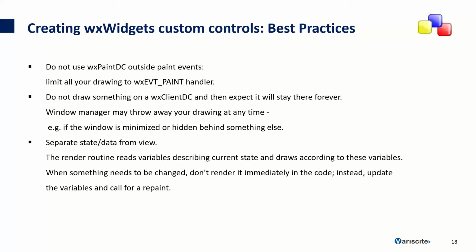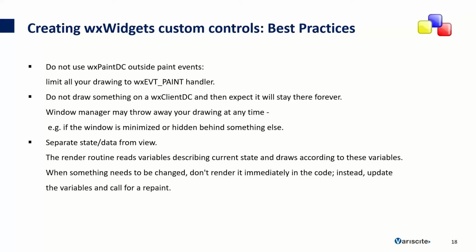The third point is always keep separated the data and the state. What I mean, the rendering routine must read values and render the screen accordingly. But the way you update the values must be something independent. Basically, what I'm saying is that there is a kind of state machine that takes care of the graphics, and the backend that is taking care of the numbers.